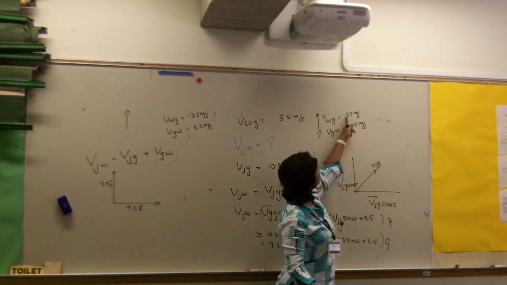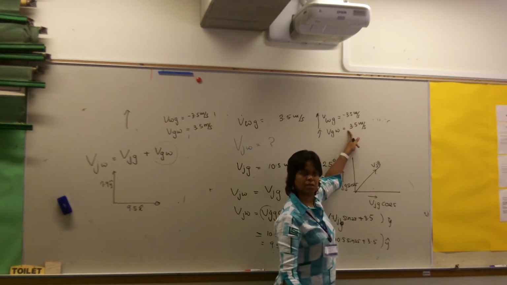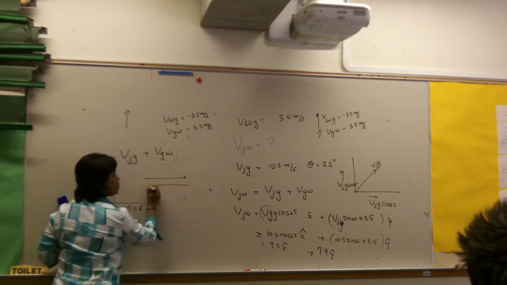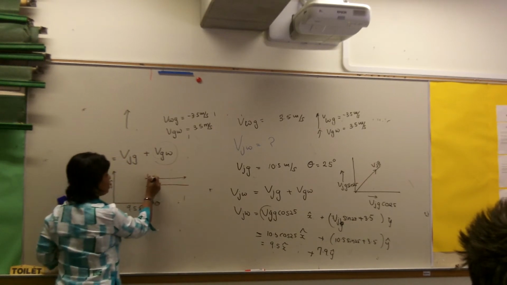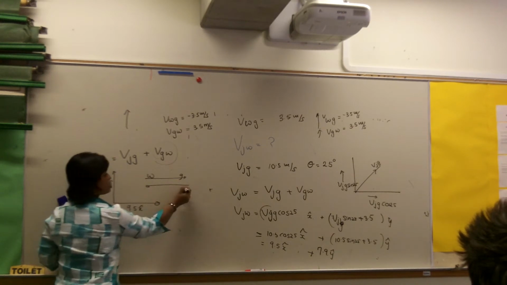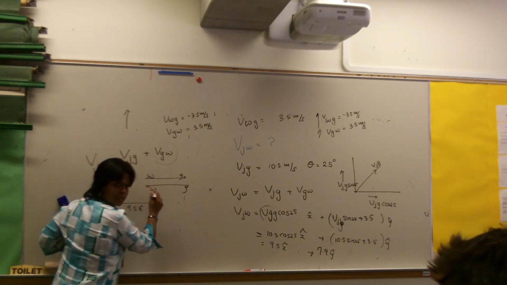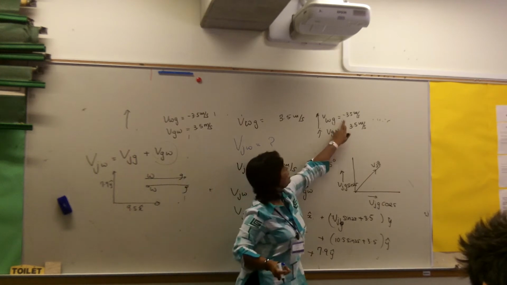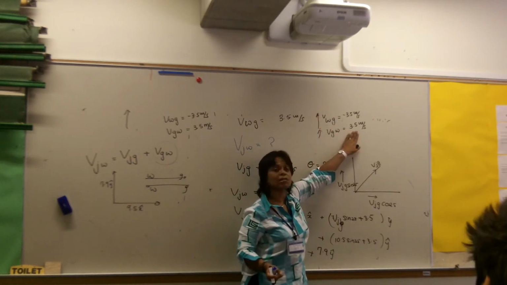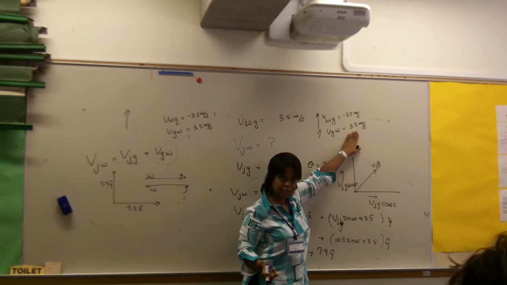While we are changing the letter, your direction changes, right? WG is this direction, GW means this direction. See, W to G, this way. G to W is the opposite direction. So that's the reason we change the sign in this direction. You are getting 3.5. Is that clear to you?